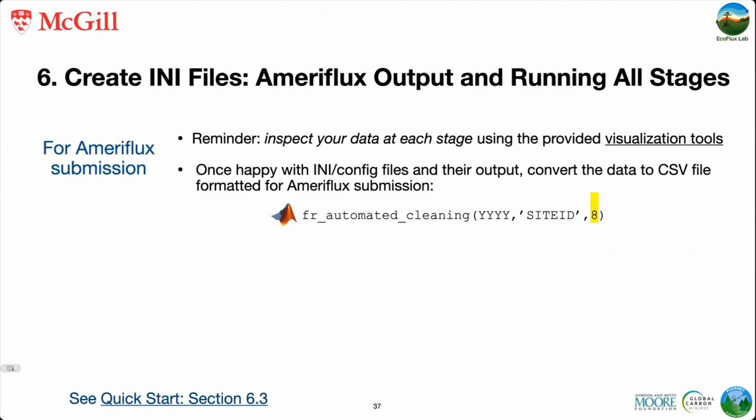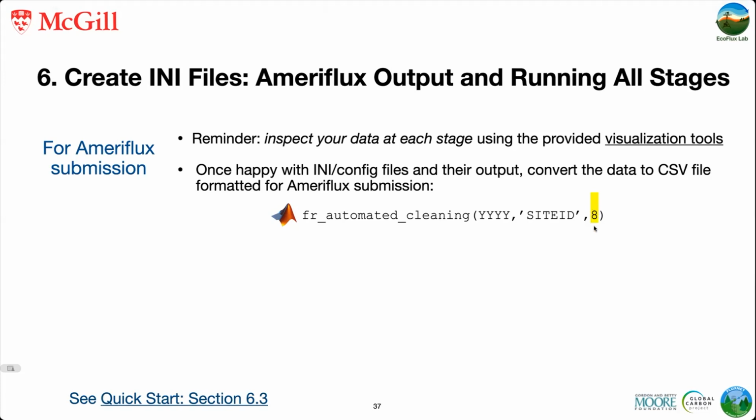And then, just a reminder to inspect your data at each stage using the visualization tools provided. And then once you're happy with your ini and configuration files and their output, you can convert the data to a CSV file formatted for AmeriFlux submission. The way you do that is the same command again, but instead you'd write an 8.